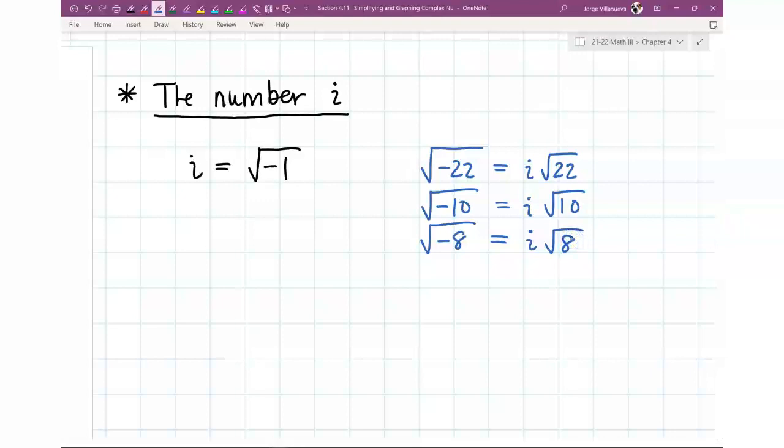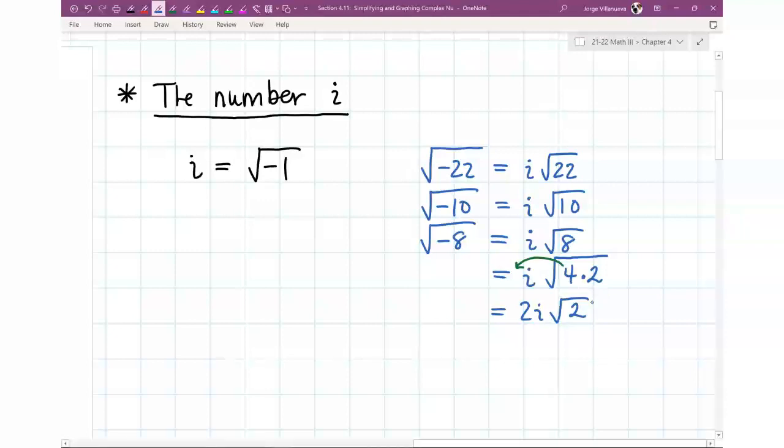Give me two numbers that multiply to 8, one of which has a nice square root: 4 and 2. The square root of 4 is 2, so I take the 4 out and put a 2 there. That's going to be 2i radical 2. When you do these, you may have to simplify a little further, maybe you don't. It depends on the problem itself.